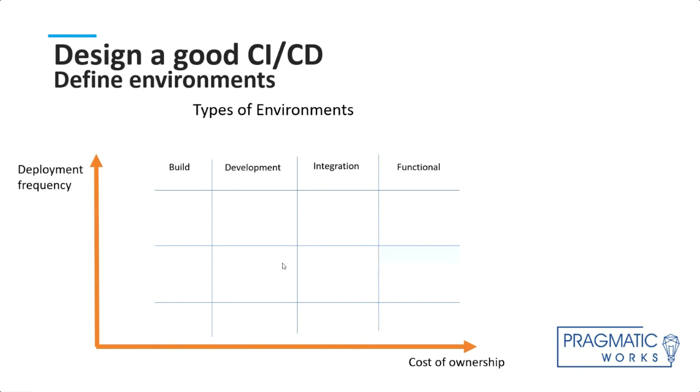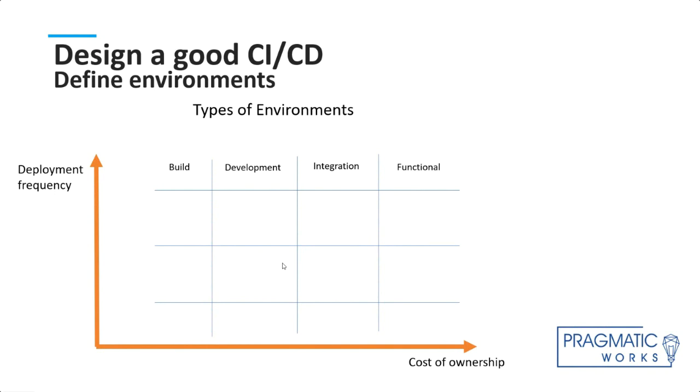The next is development environment, which is mostly using for developers and running some short tests there. Integration environment, which is split from the development because sometimes it requires an additional environment to make a deployment there and make the integration testing.